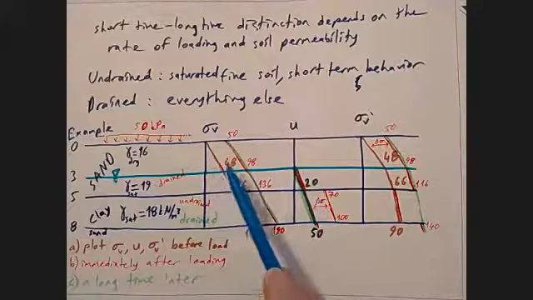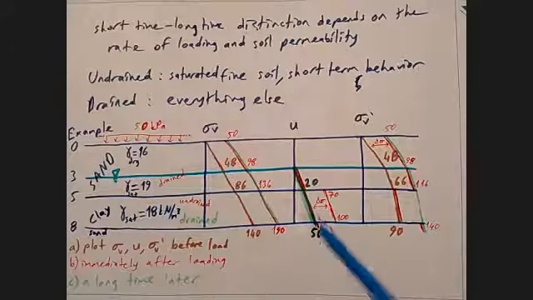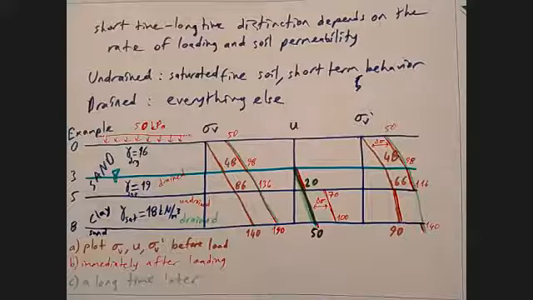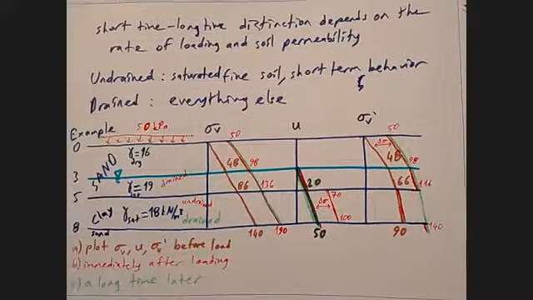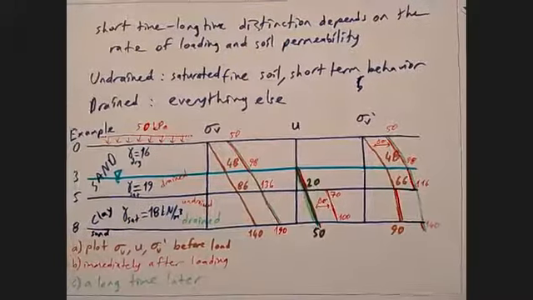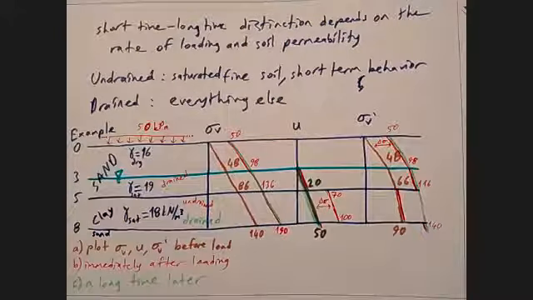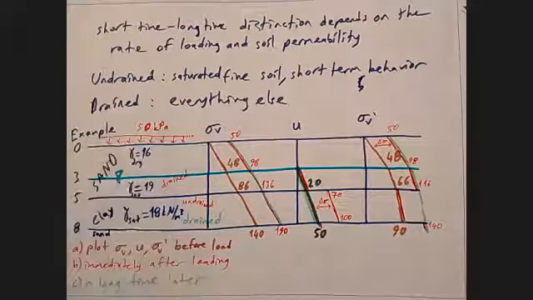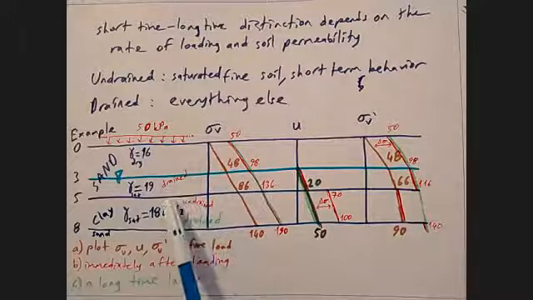So I still would have delta sigma, but it would be a negative delta sigma. And I could also change the groundwater level in my soil.